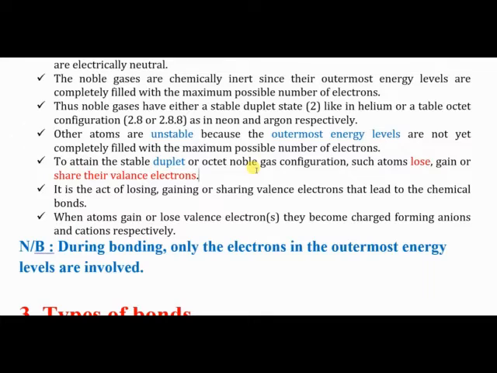Very important. Now we are narrowing down to what we were supposed to do, bonding. If you don't have what I'm saying, then bonding becomes difficult. So don't jump into bonding when you don't have this basic information. It is the act of losing or gaining or sharing valence electrons that leads to chemical bonds.